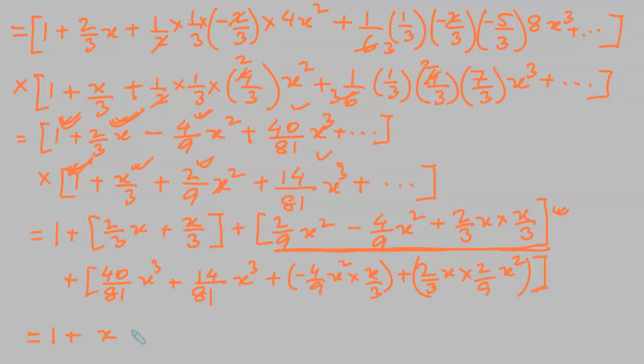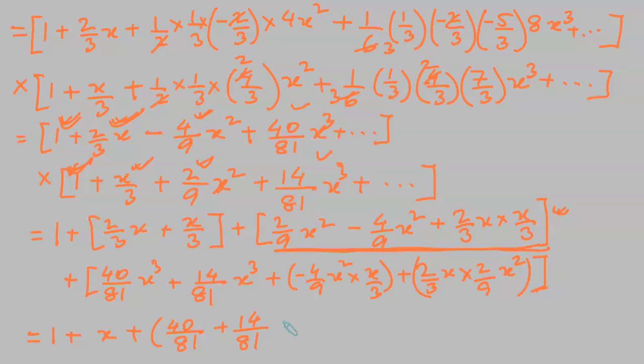So now let us get the value of or coefficient of x to the power of 3. So this one is plus x to the power of 3. So what will it be? 40 over 81 plus 14 over 81, and this is minus 4 over 27, and 27 times 3 is 81.